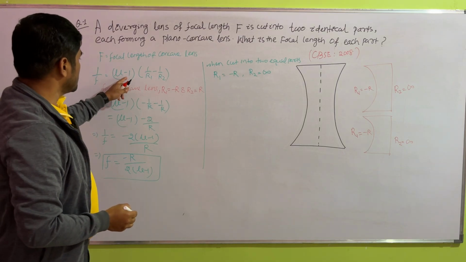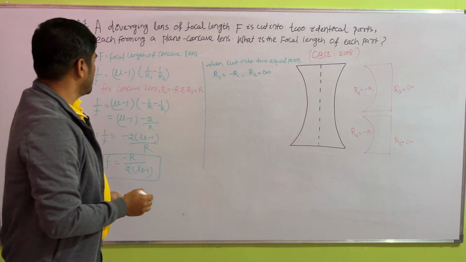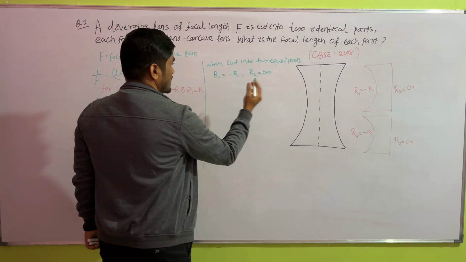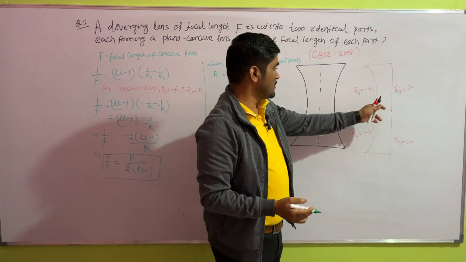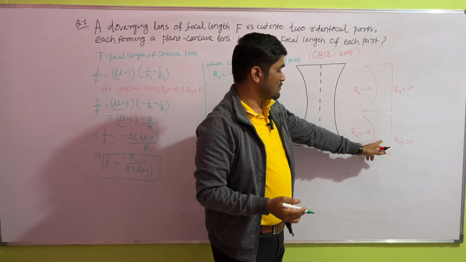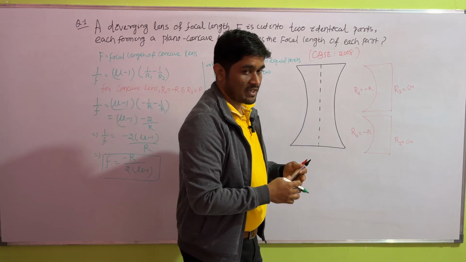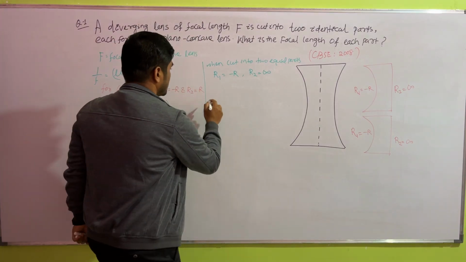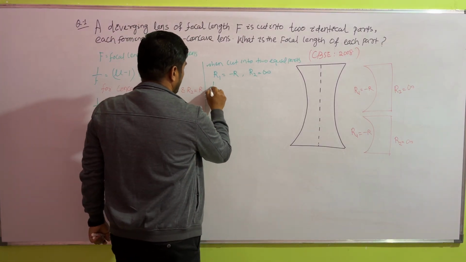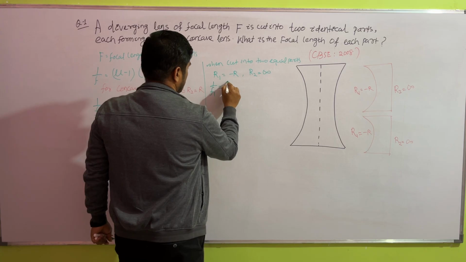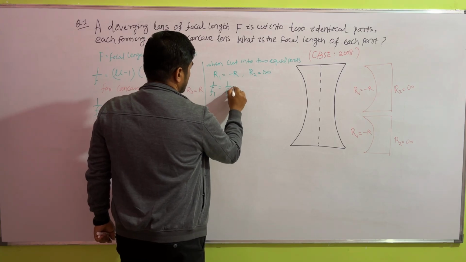Then you have to use the lens maker's formula. Let f1 be the focal length of the first part and f2 the focal length of the second part, and they are equal. So you can write 1 divided by f1 equals 1 divided by f2.